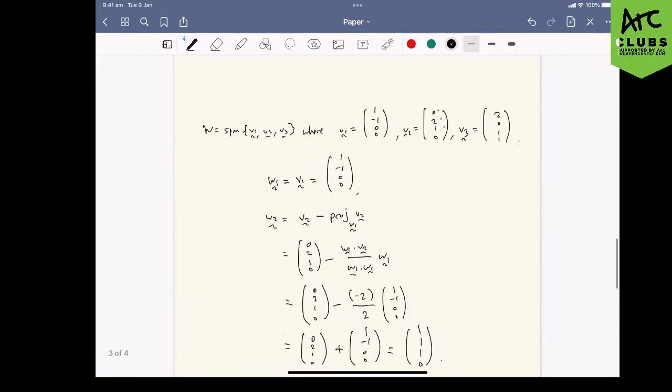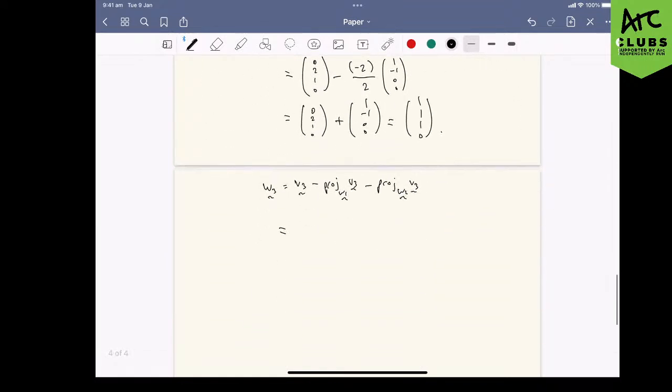Right, and what is this? We just compute it. V3 is 2, 0, 1, 1. Let's just write down the formula: W2 dot V3 over W2 dot W2 times W2.